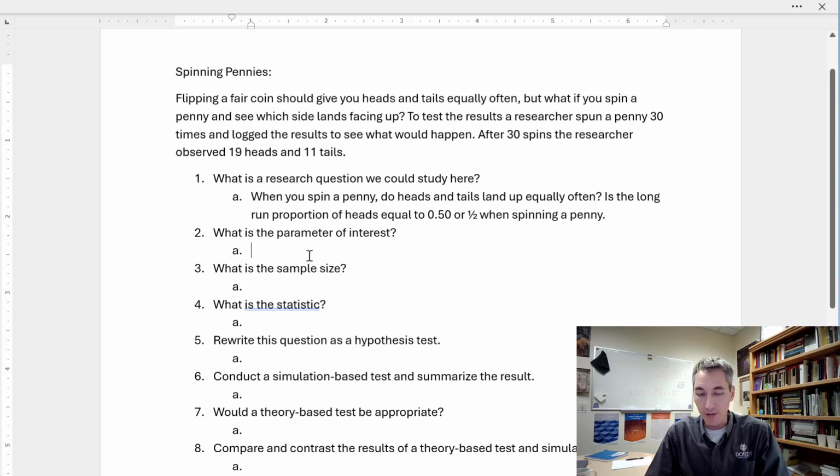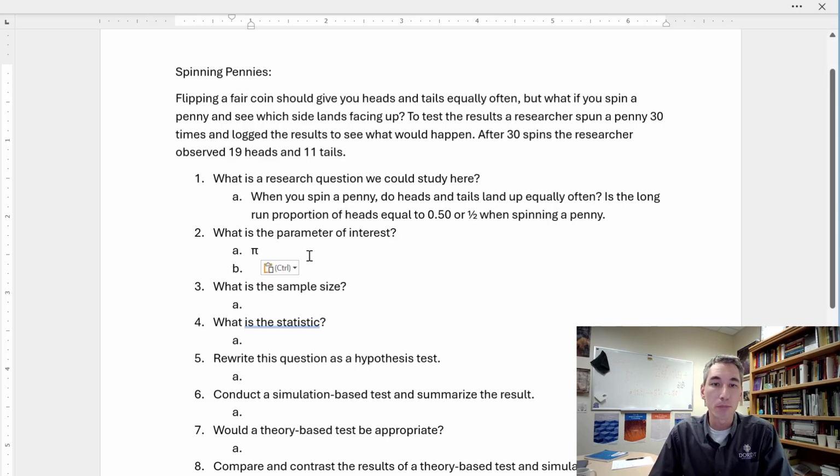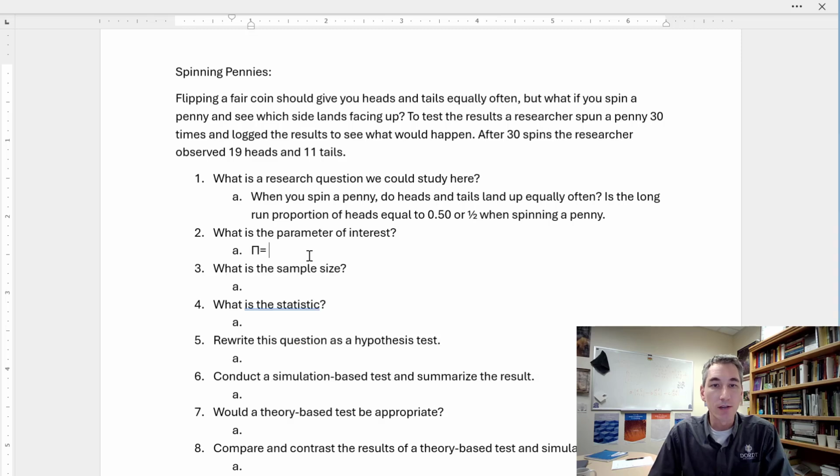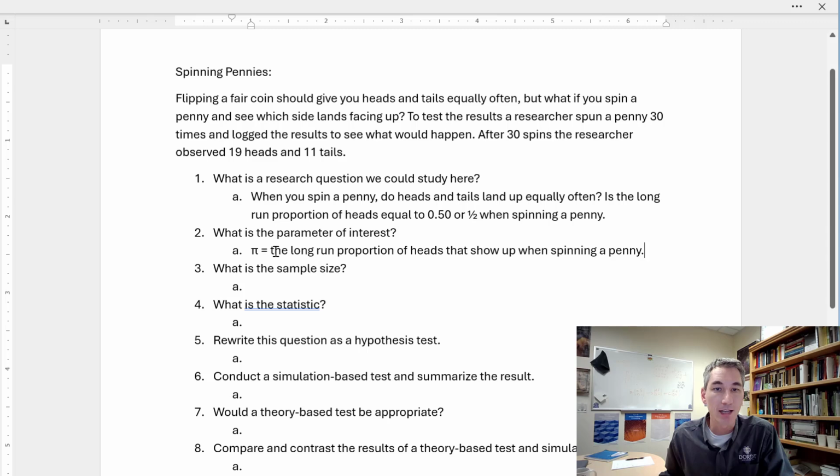So the parameter of interest here is pi, which is equal to the long run proportion of heads that show up when spinning a penny. So now I've defined it as a symbol, and because it's a proportion, I'm using the symbol pi there.